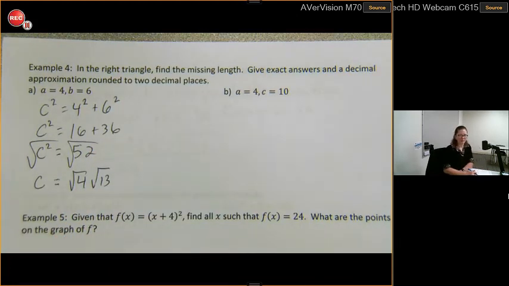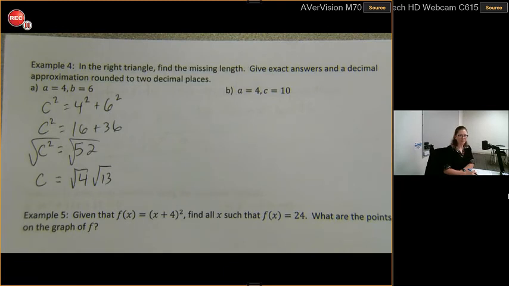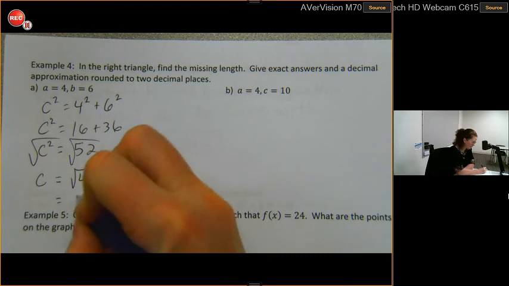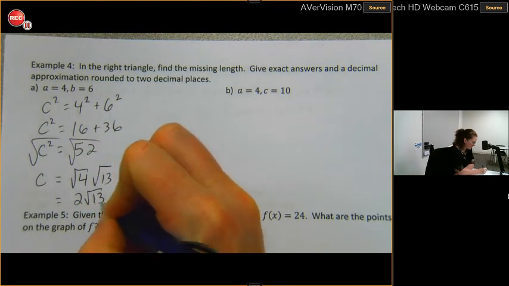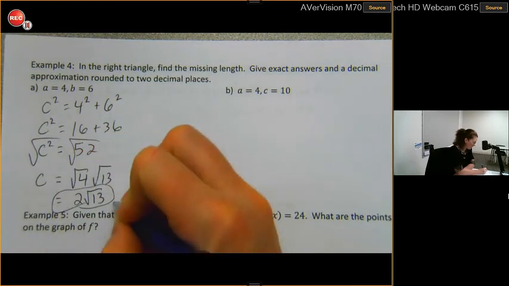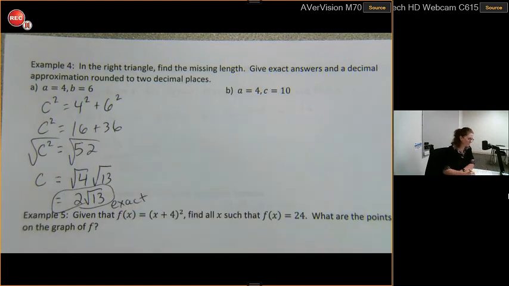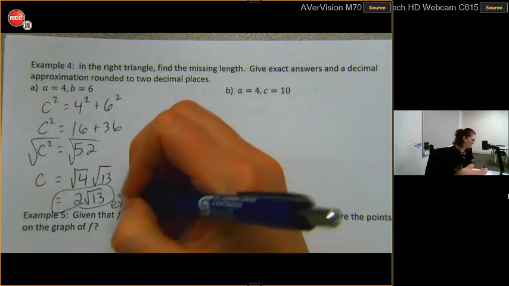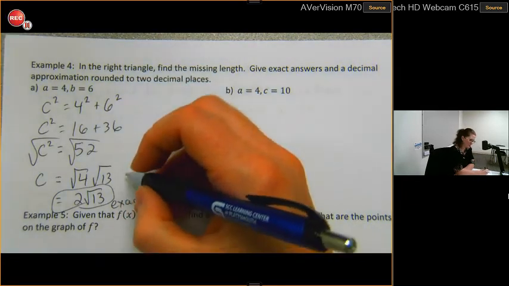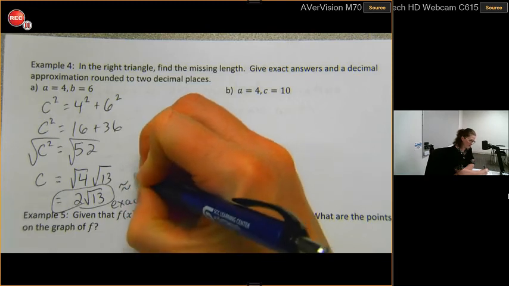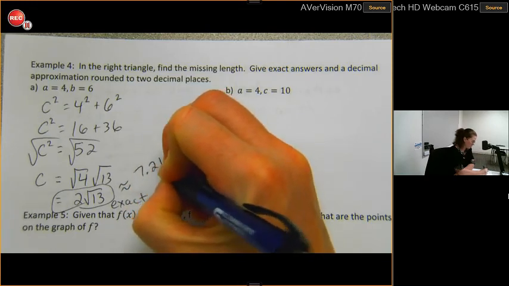No plus or minus this time, it's only the positive answer because we're looking at a length of a side of a triangle. So this right here is our exact answer. For the decimal approximation, you're just going to take a calculator and take 2 multiplied by the square root of 13, which rounded to 2 decimal places is 7.21.